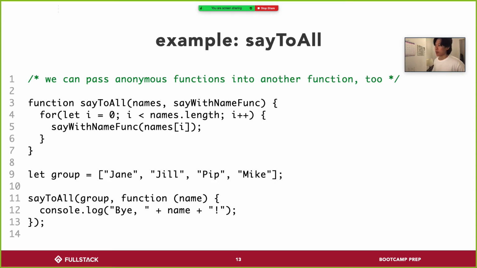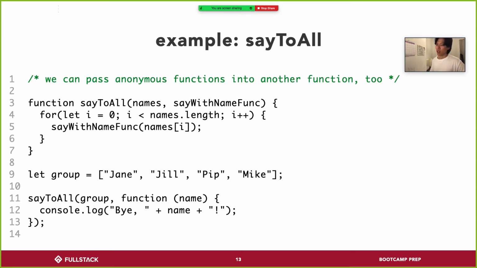and bypass the whole naming process, because it only needs a name when it's being called by the higher order function, and that name is say with name func. So this anonymous function is going to actually take on the name say with name func when that call is made, when say to all is called. But sometimes you don't really need to define a name for it if you don't need to reuse it anywhere else, and it only needs to be used in this one particular spot.